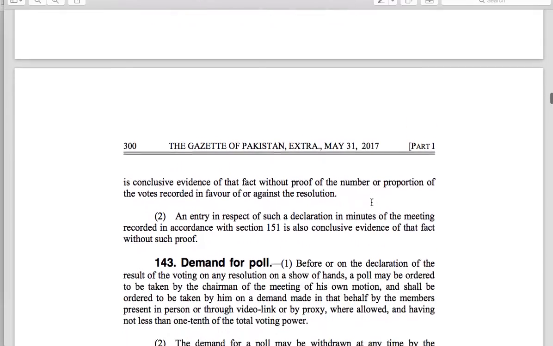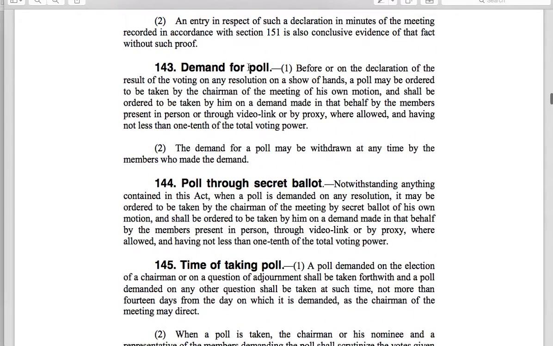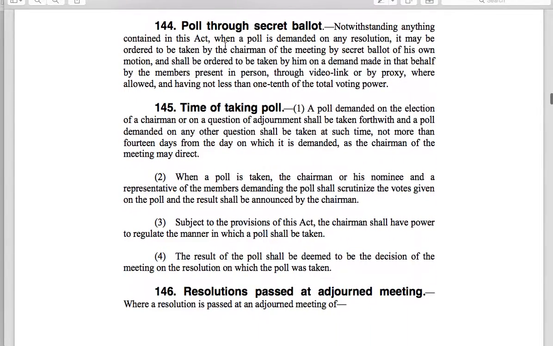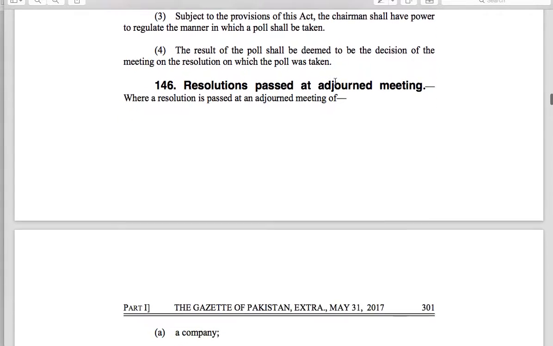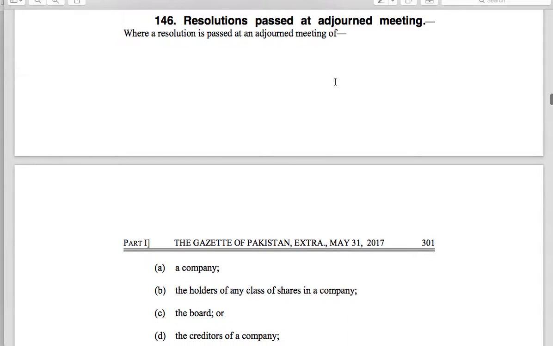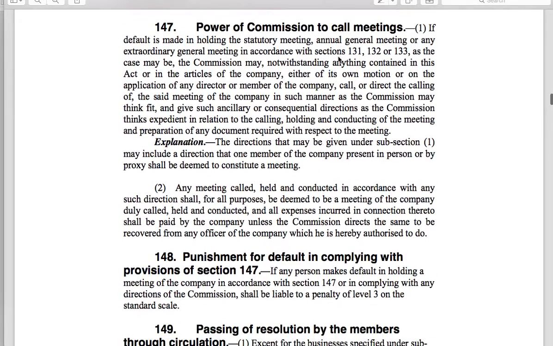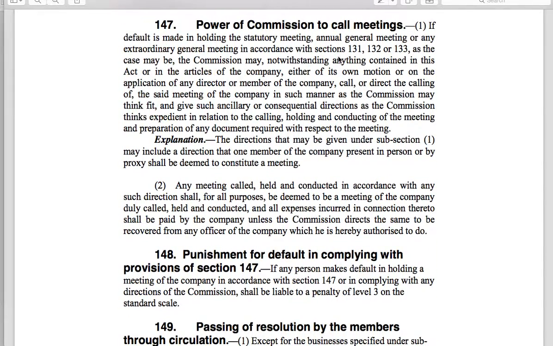What will the chairman declare? How can a poll be demanded on any topic of the meeting? The poll will be through secret ballot; what will be the time of the poll; what resolutions can be passed at adjourned meetings. All of these powers and constraints are given so that minority shareholders, creditors, or people who have an interest in the company are not defrauded or their rights taken away.